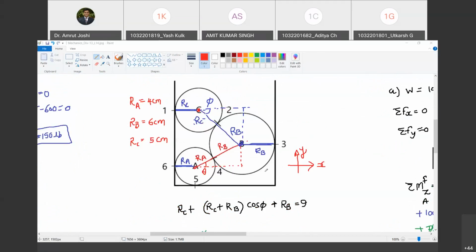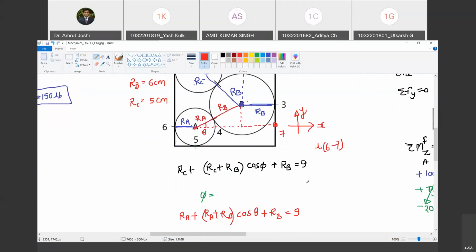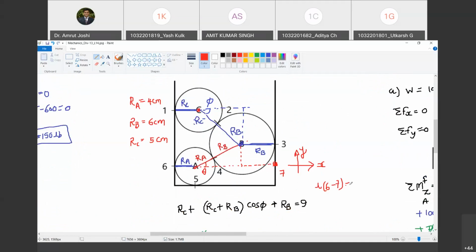Now, just look at this figure. If we look at the total length from point number 6 to point number 7, how much is that length? That is given as 9 centimeter. Do you agree with me? Yes, sir.